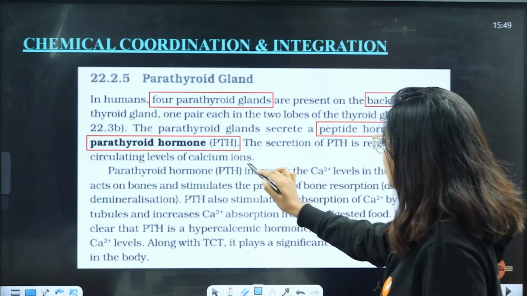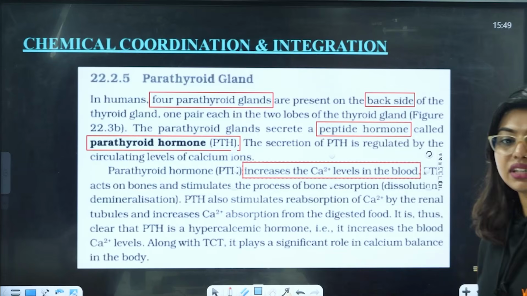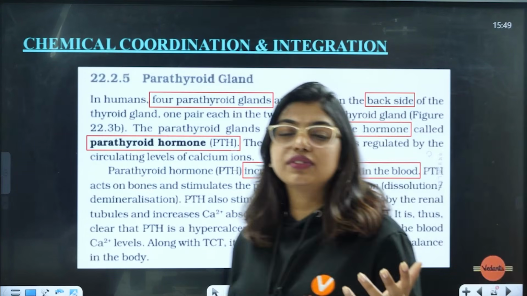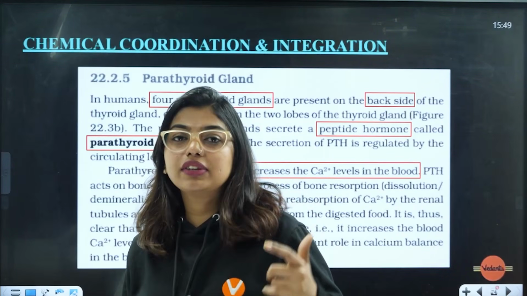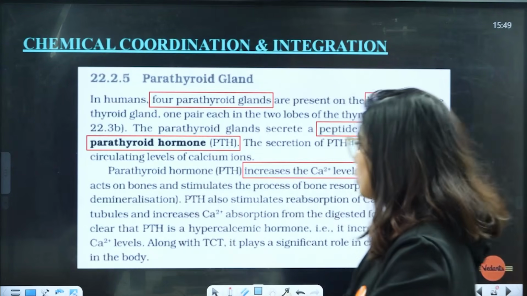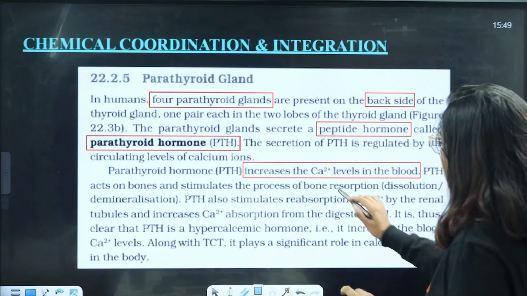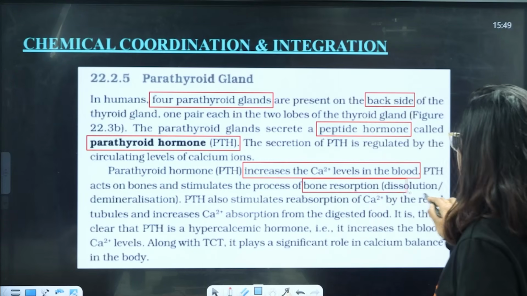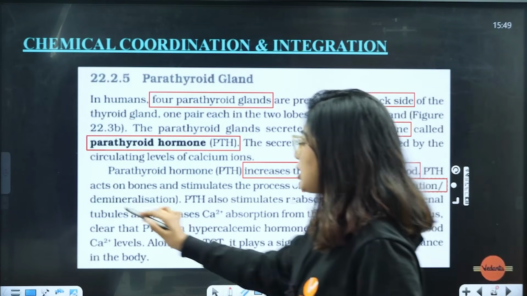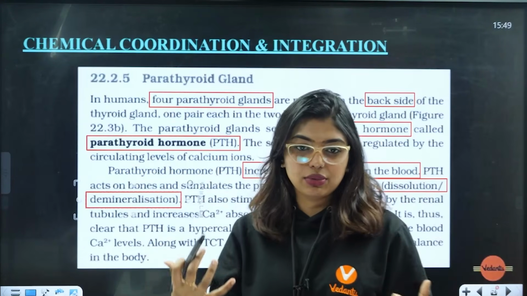Parathyroid hormone increases the calcium levels in the blood, okay. And tetany, students, we have understood that when calcium level in the body fluid decreases, that will lead to tetany, rapid spasm of the muscles, okay. So PTH acts on bones and stimulates the process of bone resorption, or dissolution or demineralization of the bone. That means from the bone we will start taking the calcium, okay.